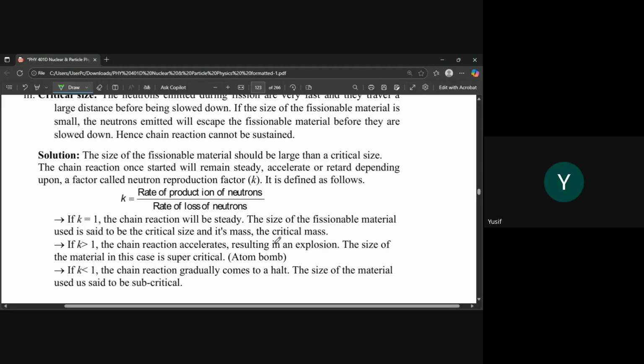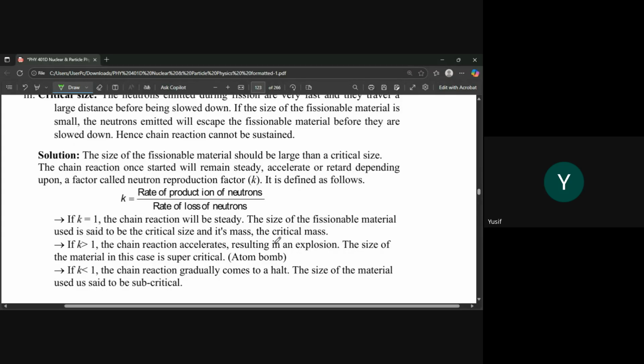That's why if a nuclear weapon is dropped, it covers a very wide area and its impact is very strong, because the reproduction factor is very high compared to that of a normal nuclear reactor used in energy generation.